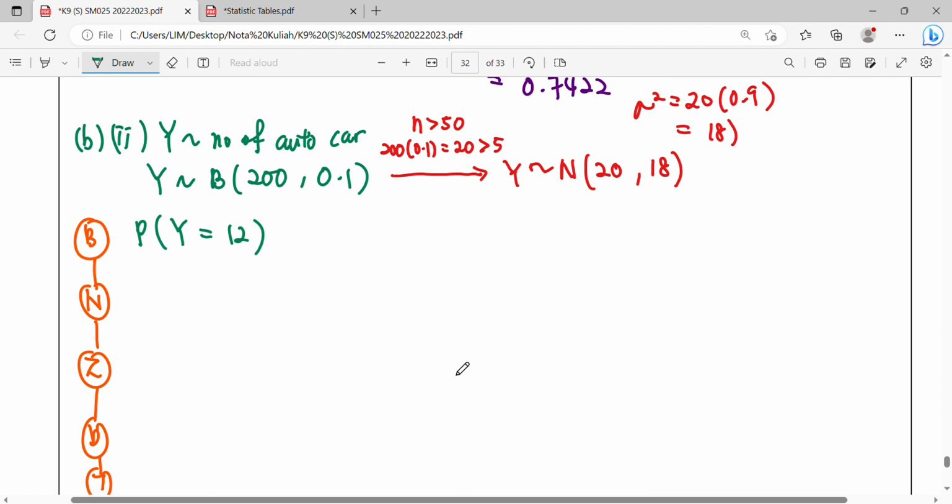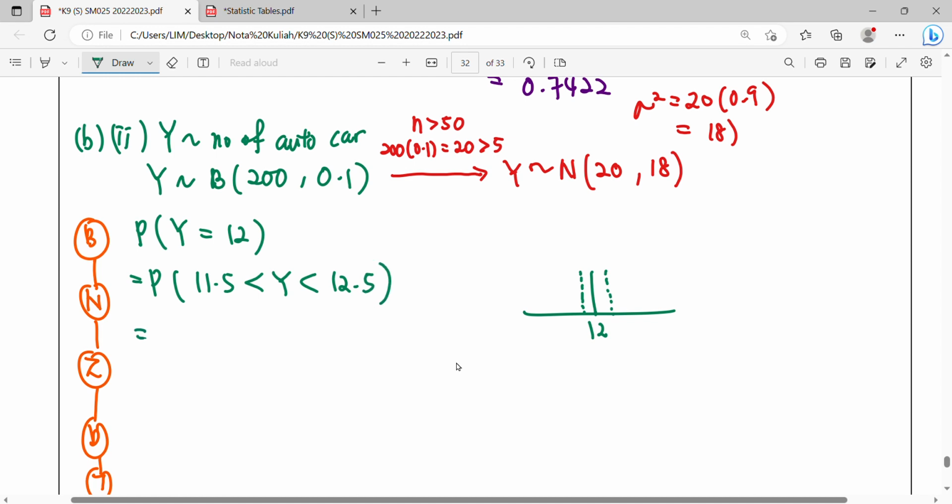How to change to normal? When Y is equal to 12, for discrete, it is just one value, the boundaries are 11.5 and 12.5. Okay, so the same procedure we will repeat.